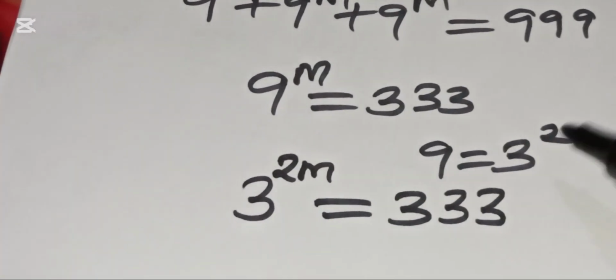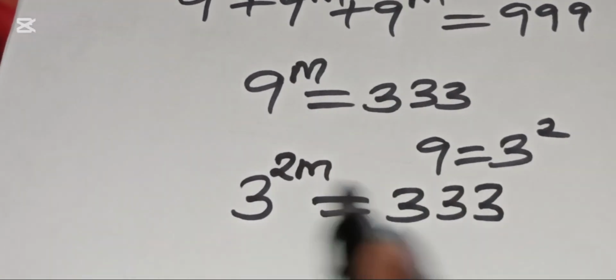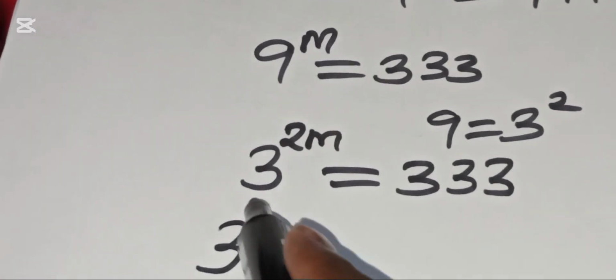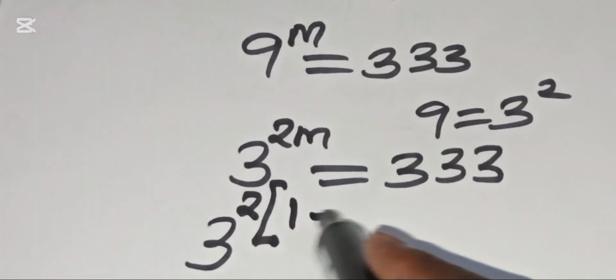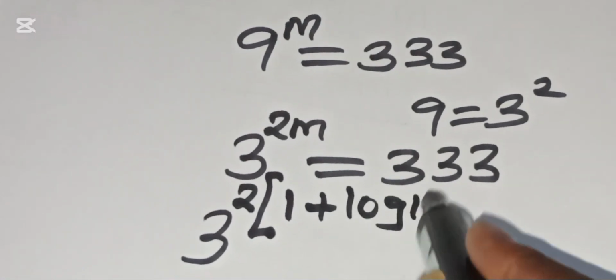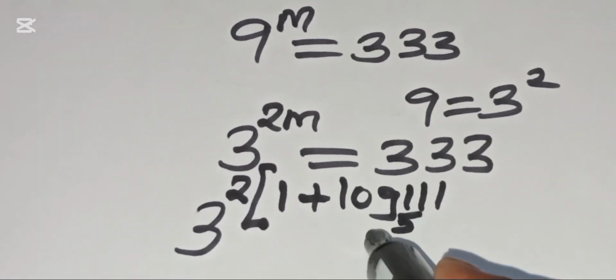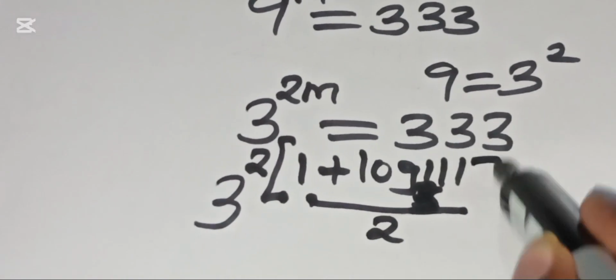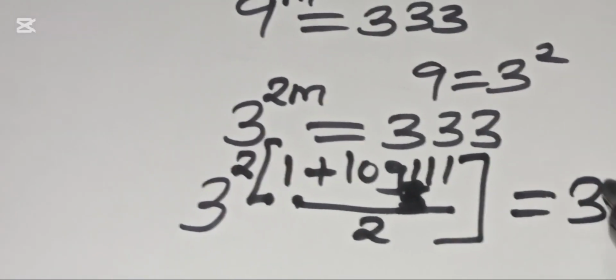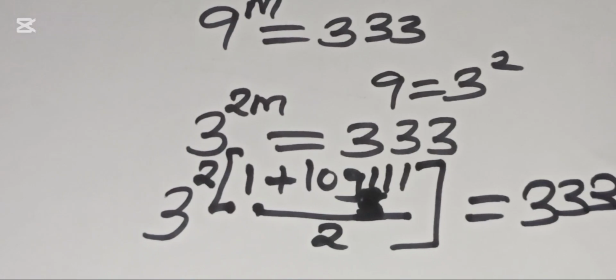Let's substitute the value of m. We have 3 raised to power 2 multiplied by m, which is 1 plus log 111 to base 3 divided by 2. This is supposed to give us 333.